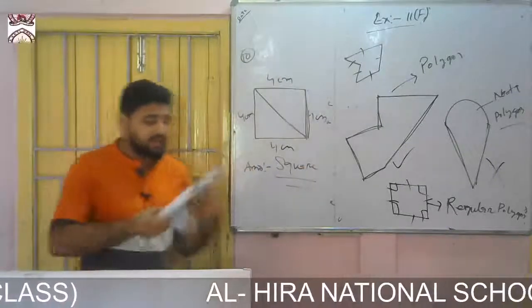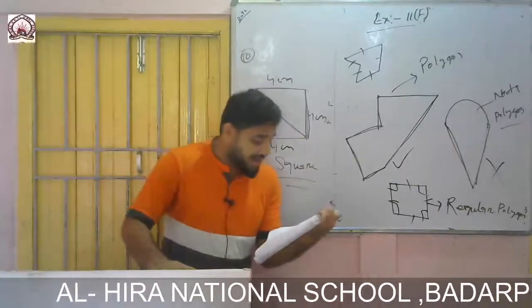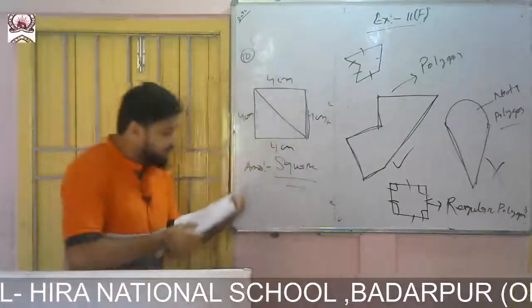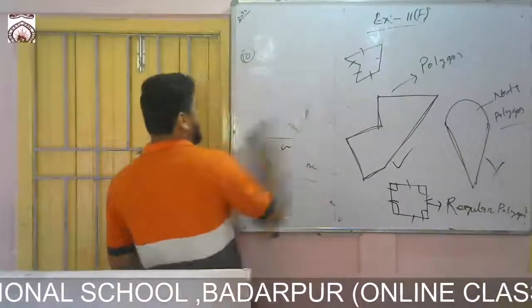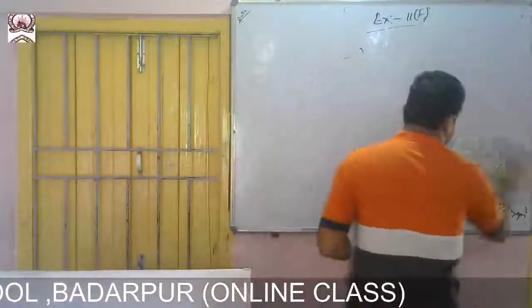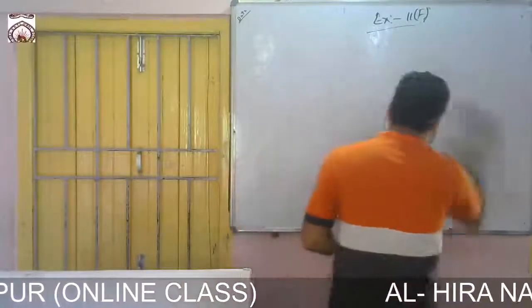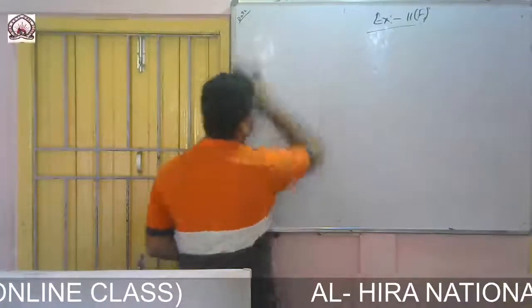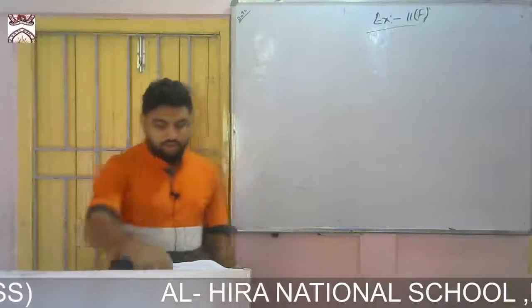So in question number 1, what is there? Which of the following closed planes are not polygons? I am not drawing the figures from the book.